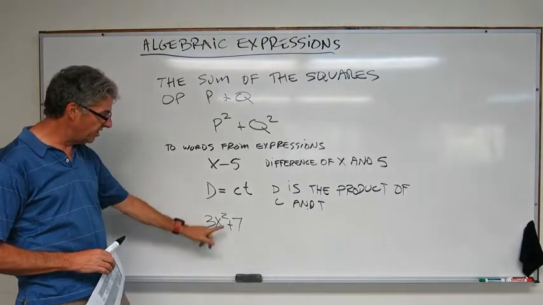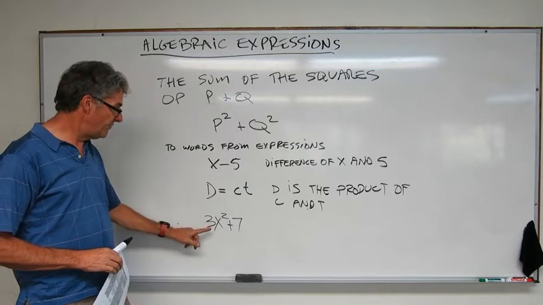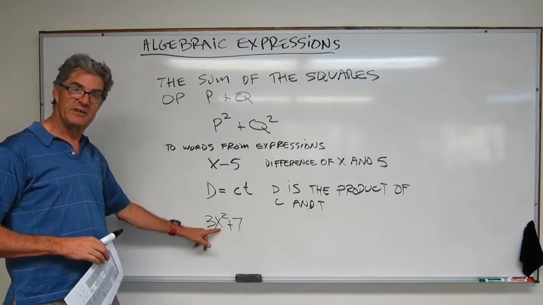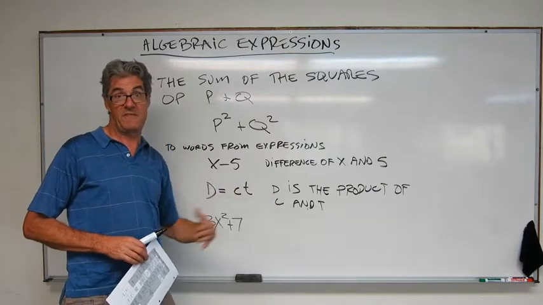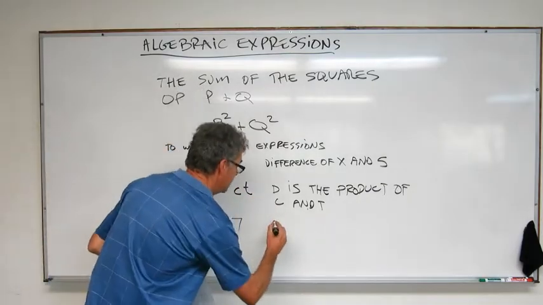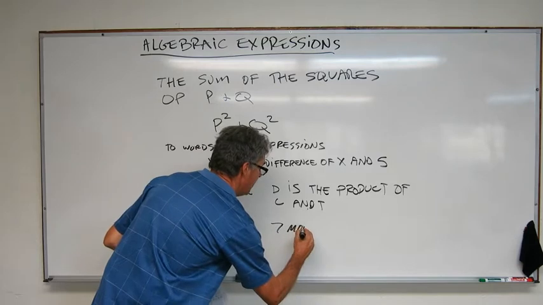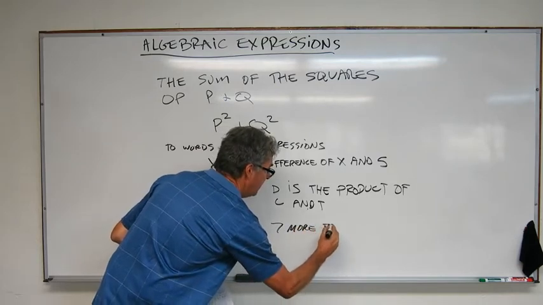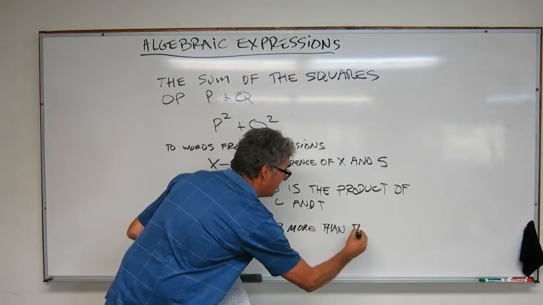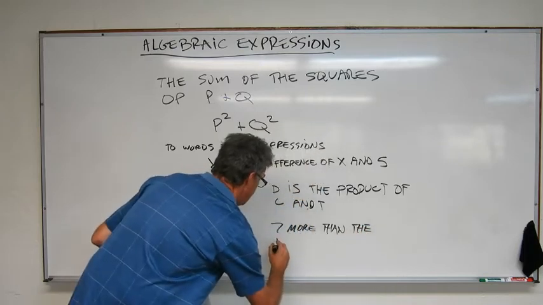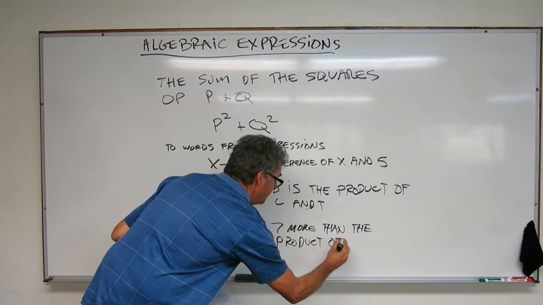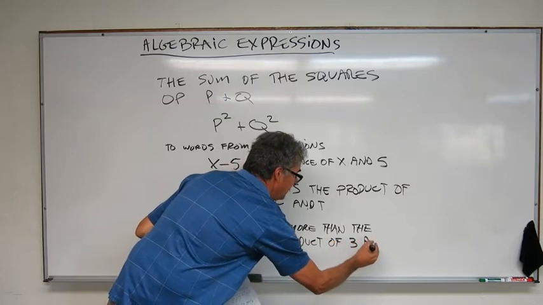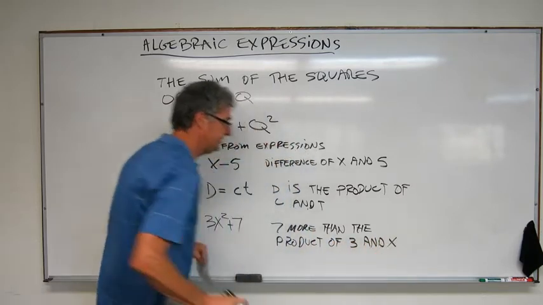So this part here is the product of 3 and the square of x. But we have a 7 out here. So it's 7 more than that. So this would be 7 more than the product of 3 and the square of x.